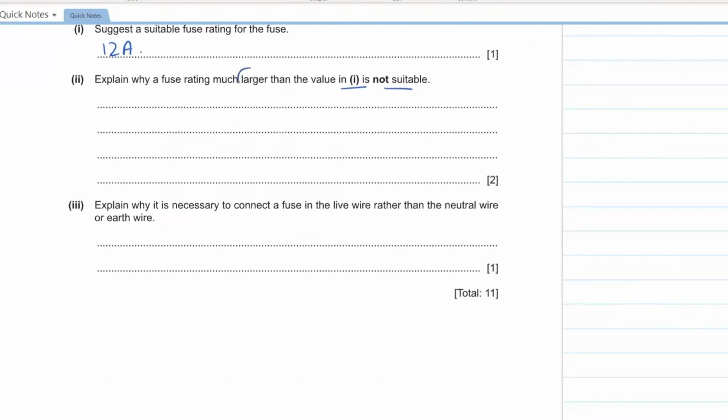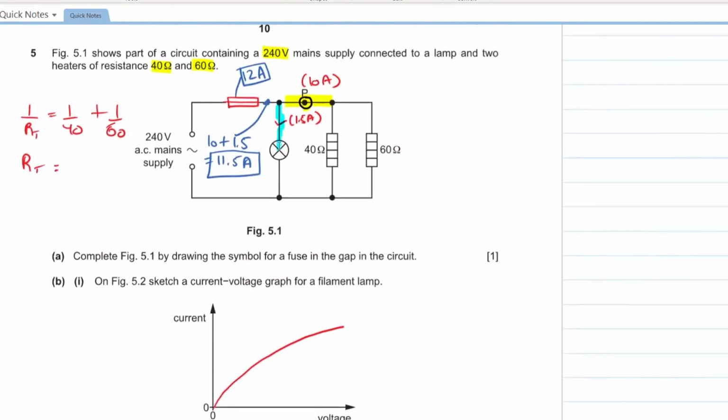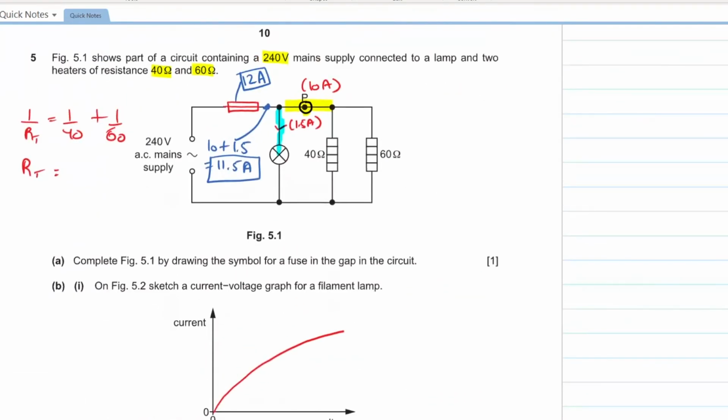Explain why a fuse rating much larger than the value in 1 is not suitable. अच्छा. Examiner कह रहे हैं बेटा कि why a fuse rating larger than the one calculated in part 1 is not suitable. So basically examiner is saying that let's say आप फ्यूज रेटिंग 12 की जगह 100 ampere रख दो.